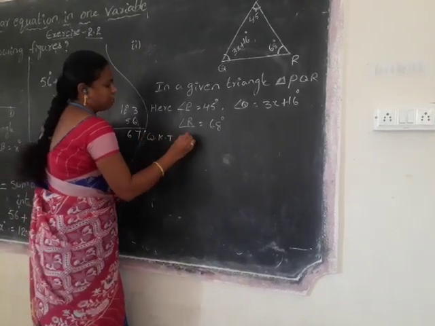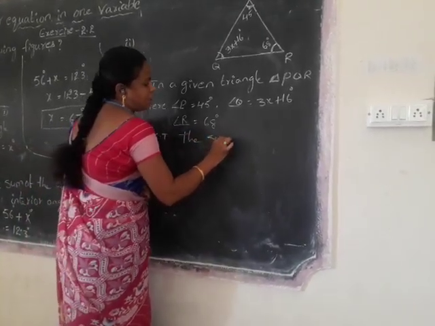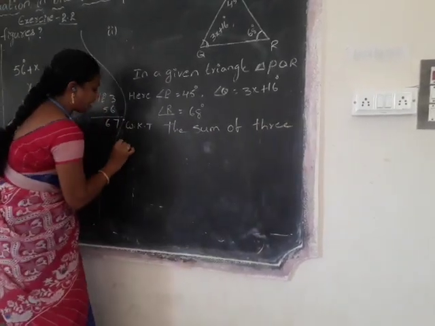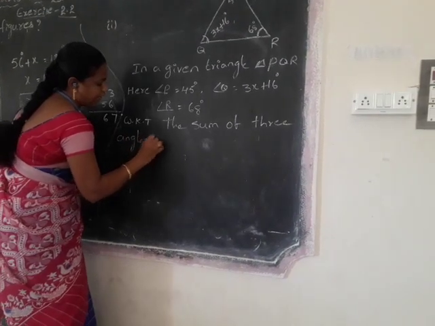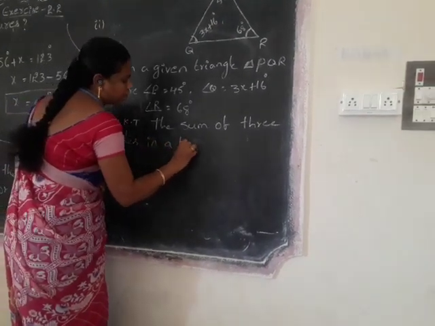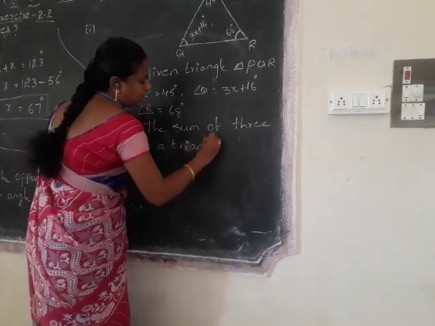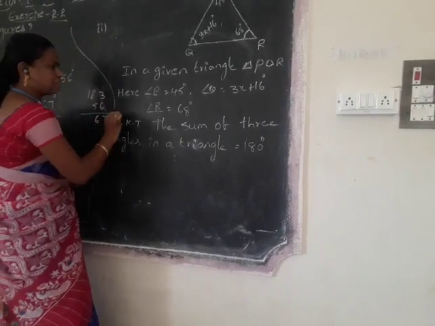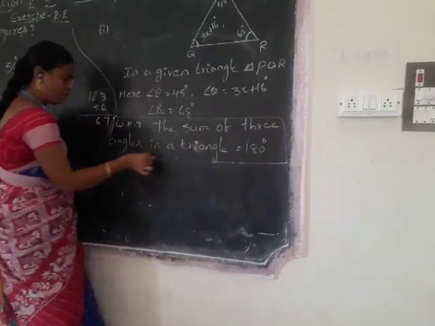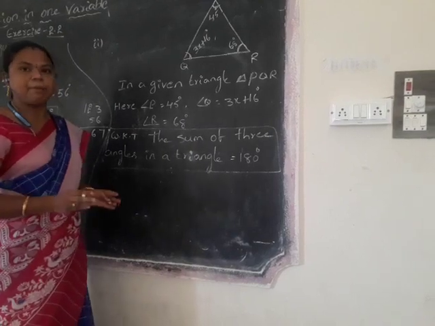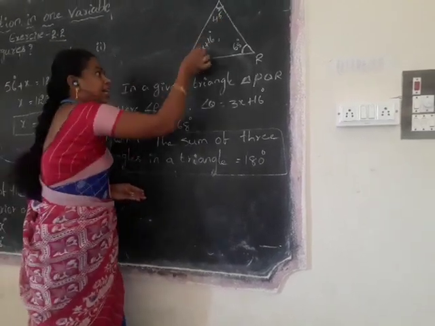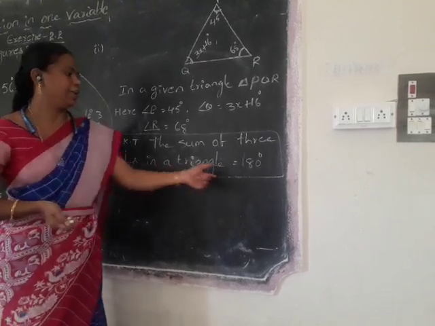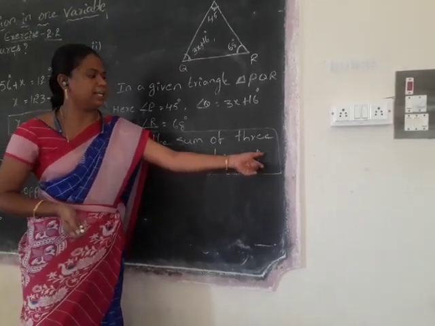We know that the sum of three angles in a triangle is equal to 180 degrees. This is a very important property, children. What is that property? The sum of the three interior angles in a triangle is equal to 180 degrees.